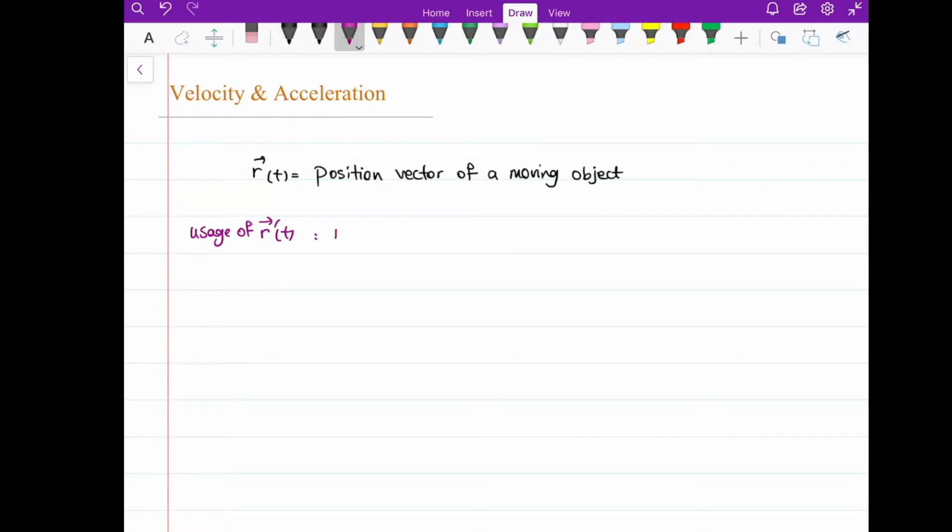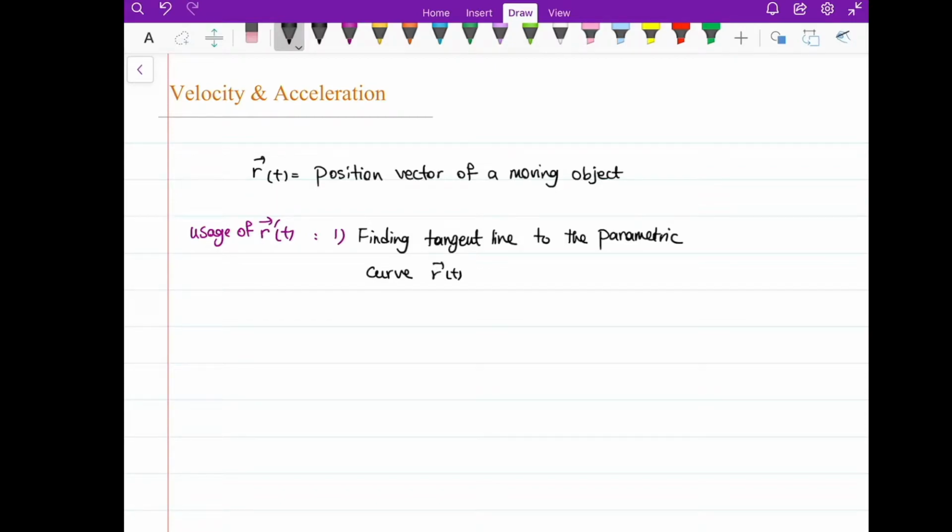The first one is finding the tangent line to the parametric curve r of t.